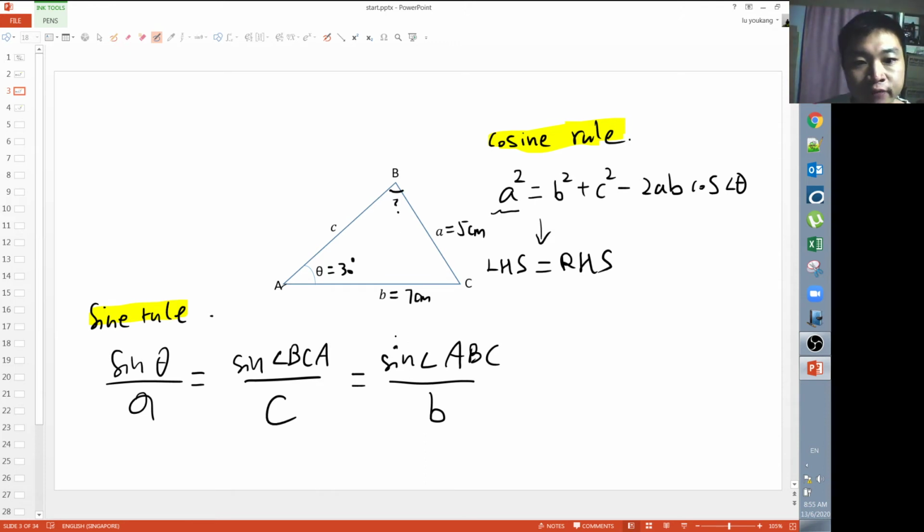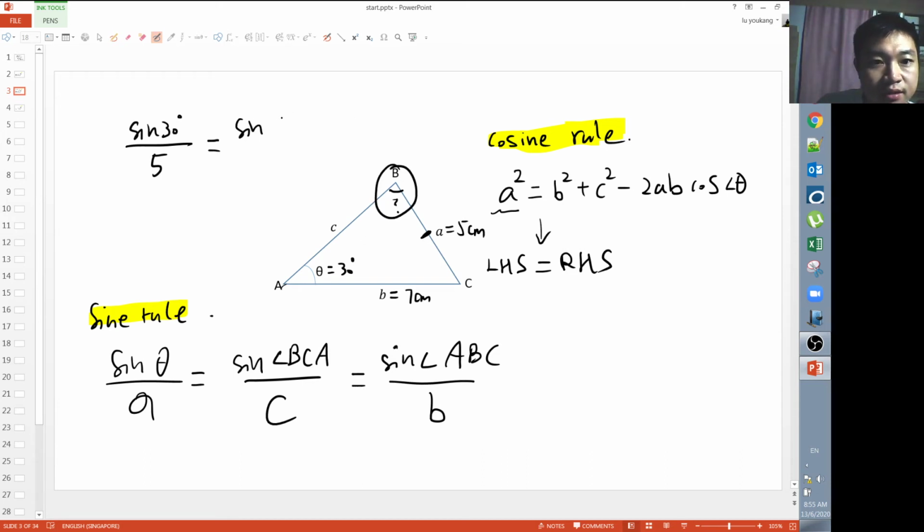You can actually make use of your sine rule, because you can sine this angle 30 degrees over the side that is opposite to it, your side A, which is 5, equals sine of the angle we need to find, angle ABC, over the side opposite to it, side B, which is 7.